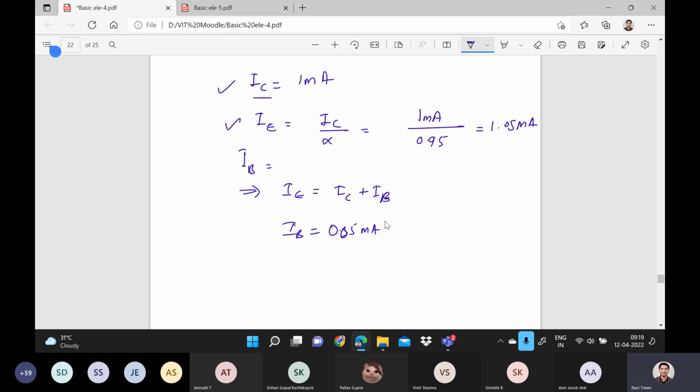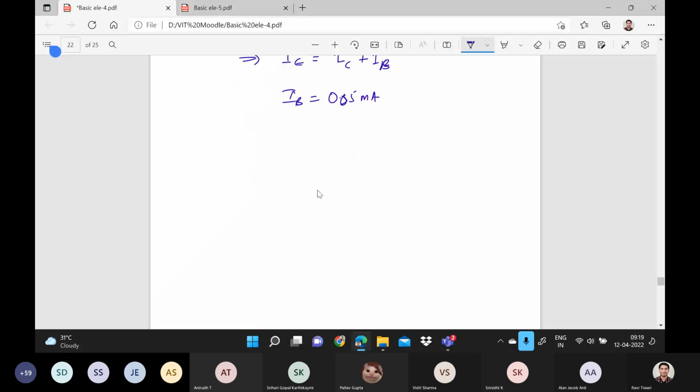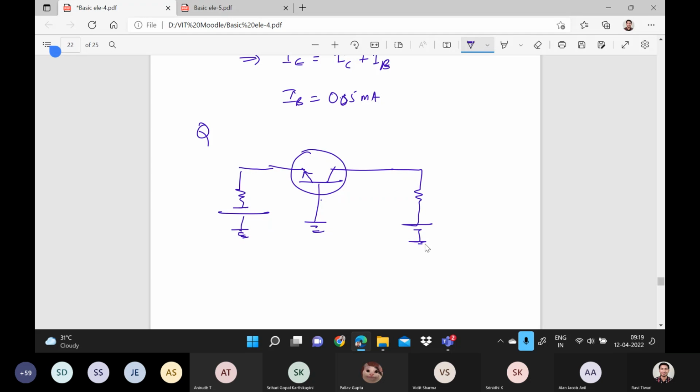Now you see the second question. Question is like this. They draw a transistor. RC they have given 1.2 kilo ohm. VCC they have given 1.8 volts.